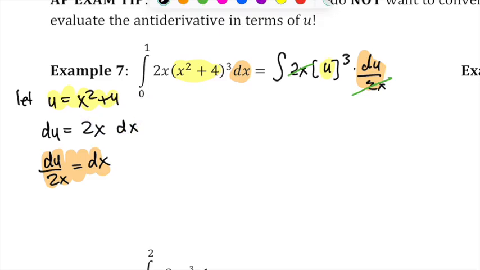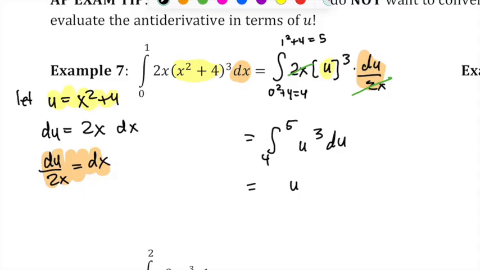This will be 1 squared plus 4, which is 5. And this will be 0 squared plus 4, which is 4. So my new integral is from 4 to 5 of u cubed du. So if I do my integral, add 1 to the 3 to make it a 4, and then divide by 4.